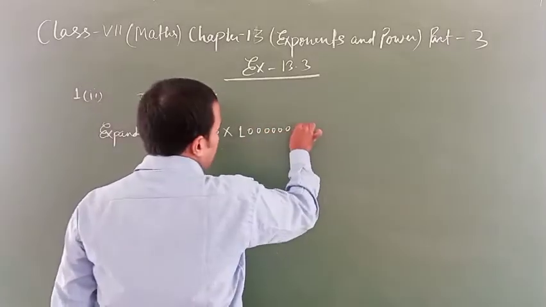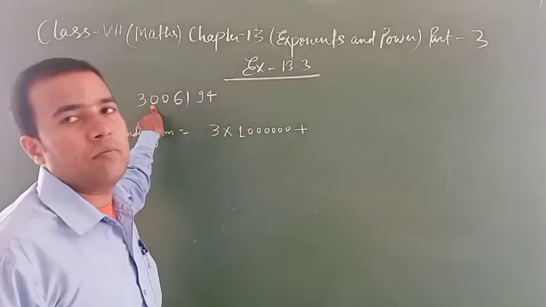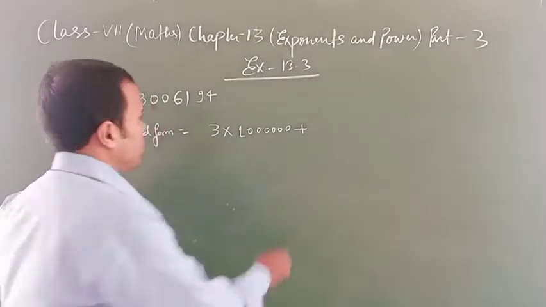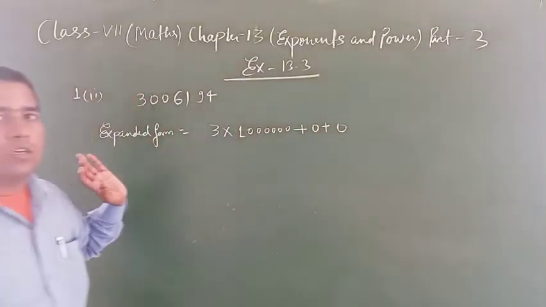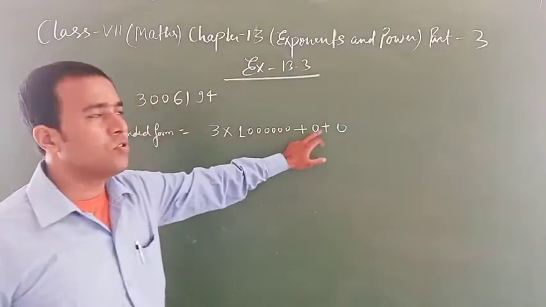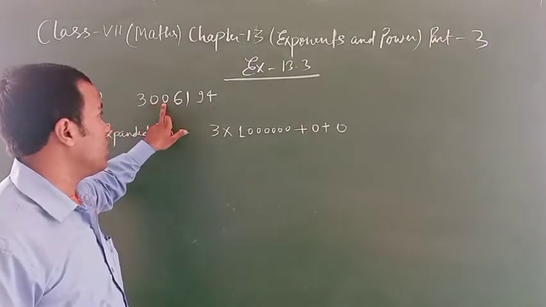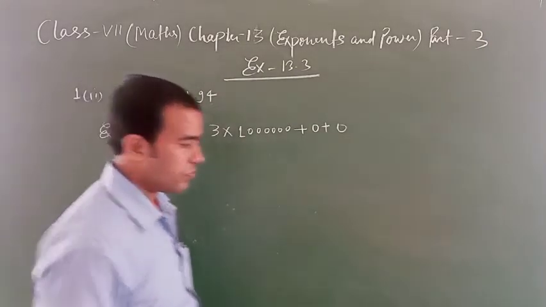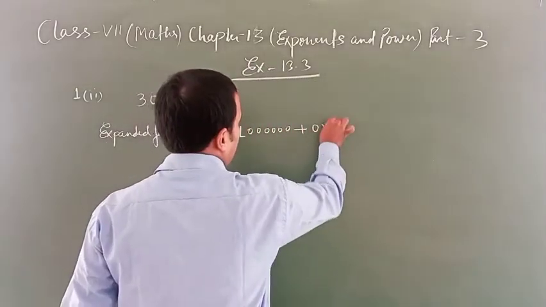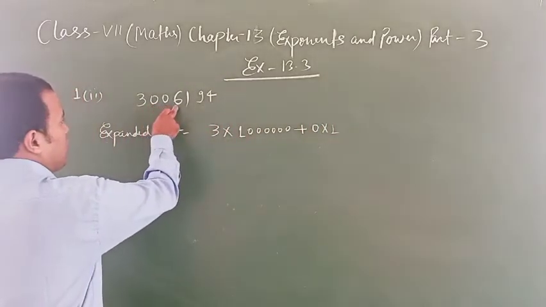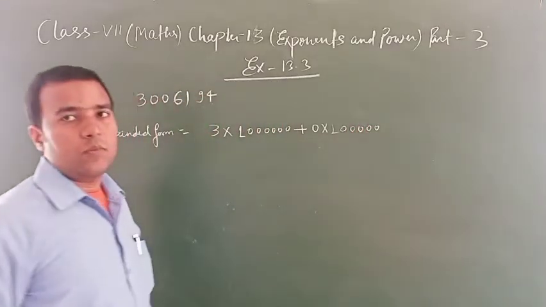Plus 0: if you multiply 0 with any number, the result will be 0, so plus 0 plus 0. If you write like this, no problem with that. 0 multiplied by 1 followed by 5 zeros, but the result will be 0.